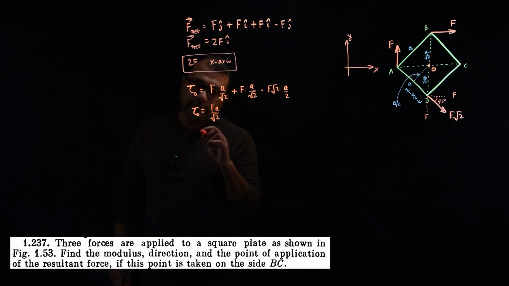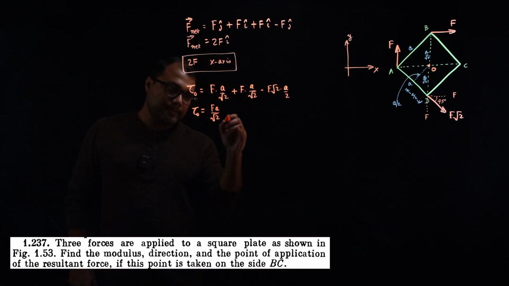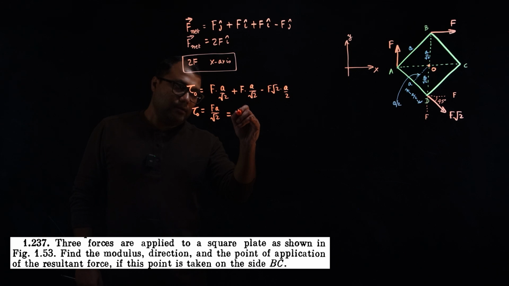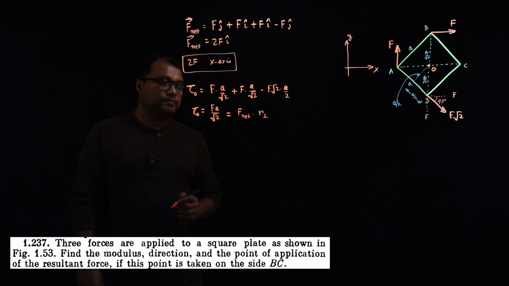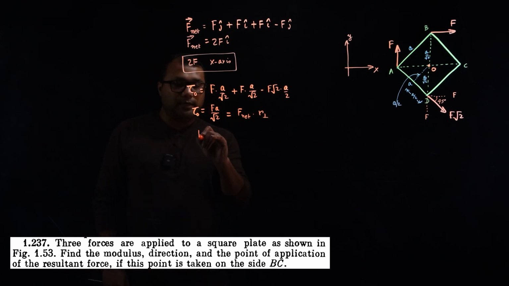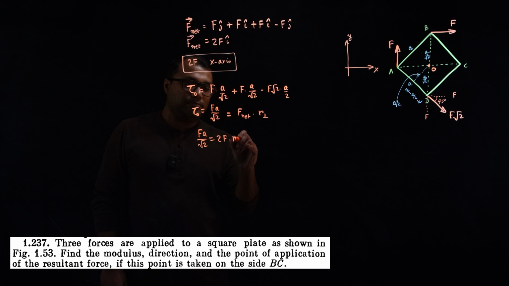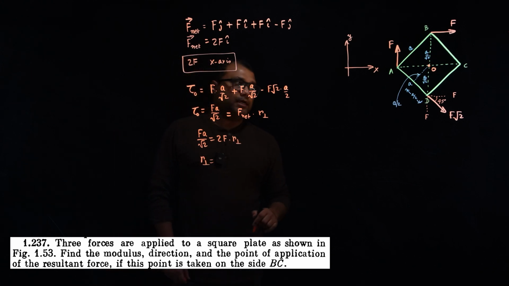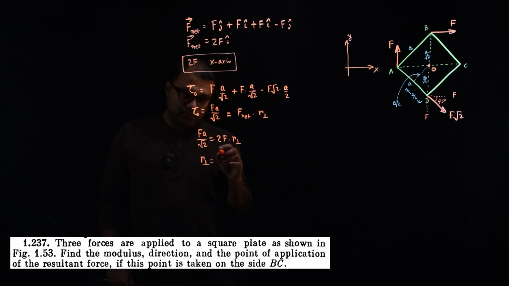So we can write this as F net times R perpendicular, or Fa by root 2 equals F net, which is 2F, times R perpendicular. So R perpendicular, or arm of the force about O, is a by 2 root 2.